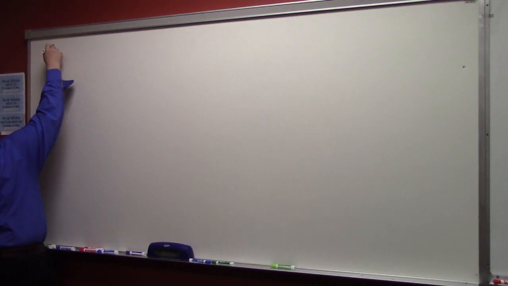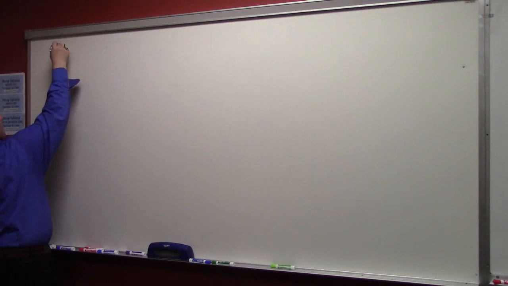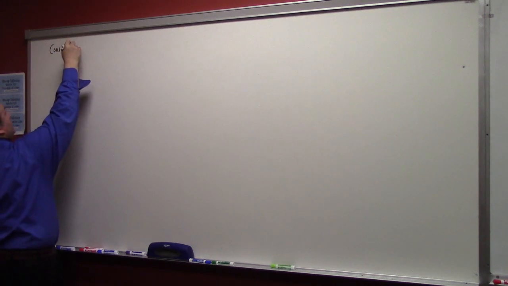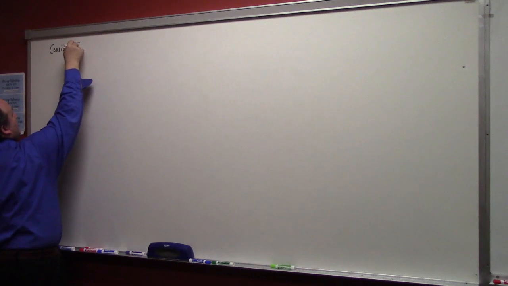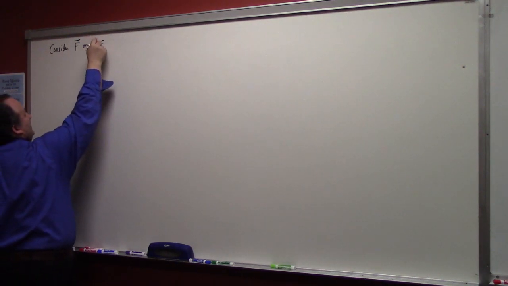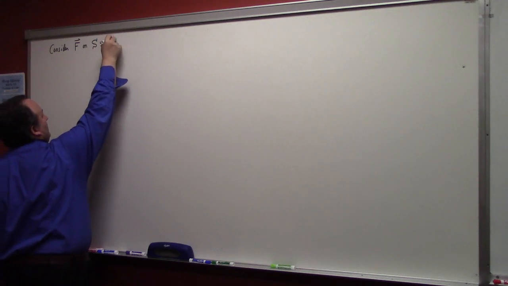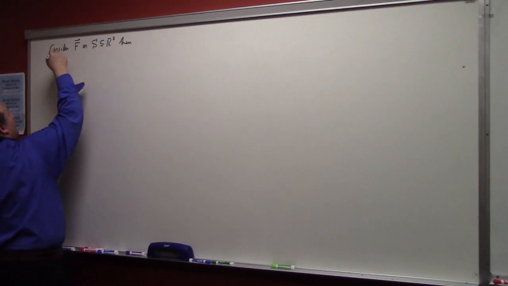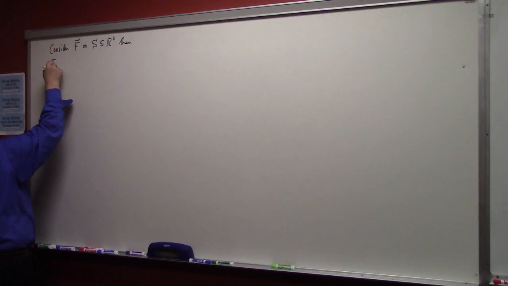So let's consider a vector field F on some surface which is a subset of R3. Then, of course, we can construct the flux form, right?